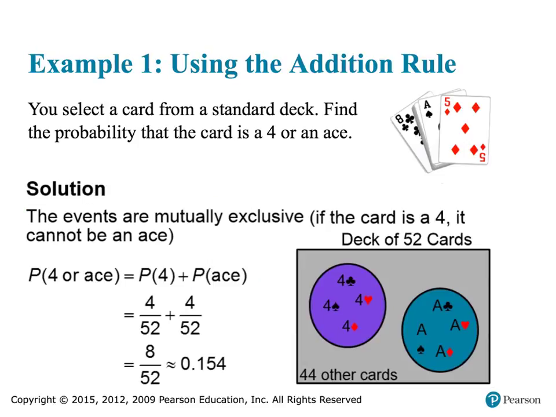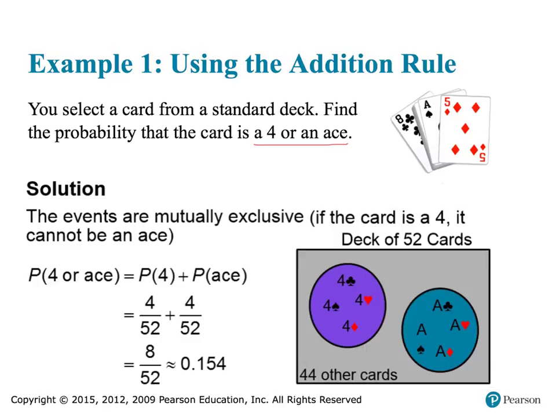Let's say I'm going to select a card from a standard deck, and I want to find the probability that the card is a 4 or an ace. Well, if the events are mutually exclusive, then I can just add the likelihood of getting a 4 to the likelihood of getting an ace. You can't pick a single card and have it be both a 4 and an ace.